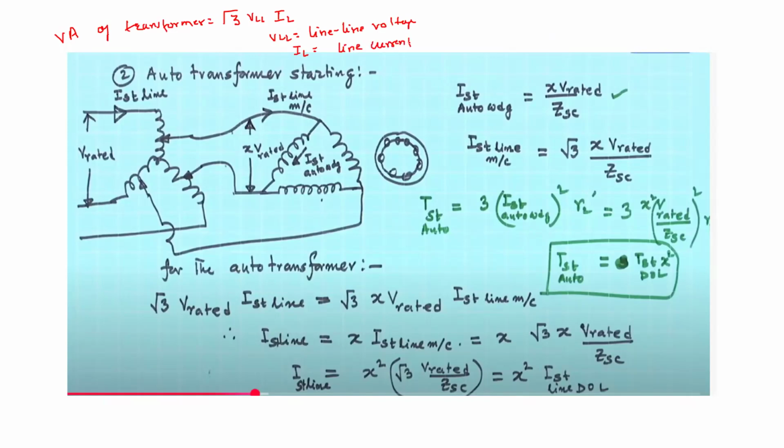So the VA at the input of this auto transformer should be equal to the VA at the output of the auto transformer.